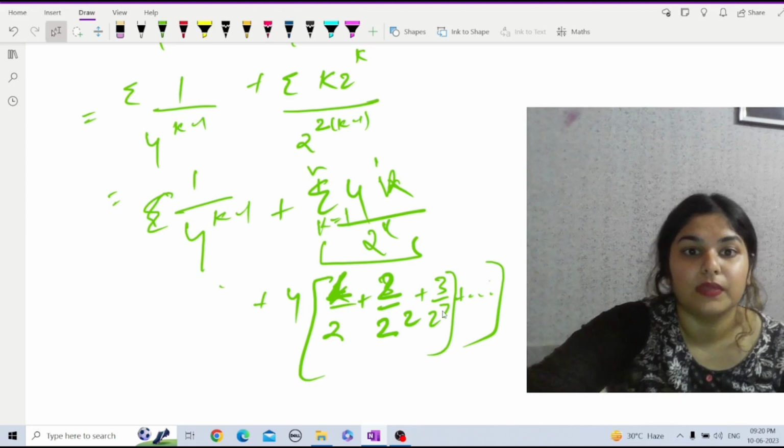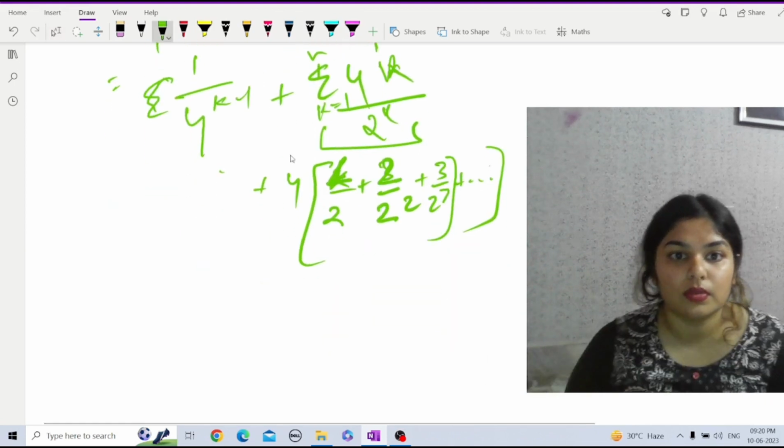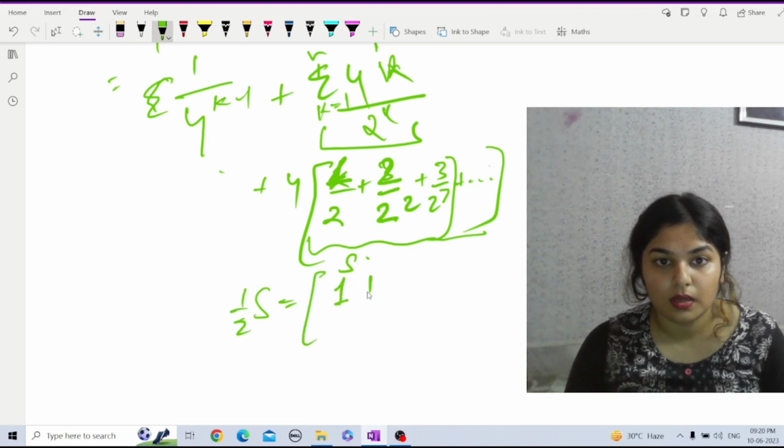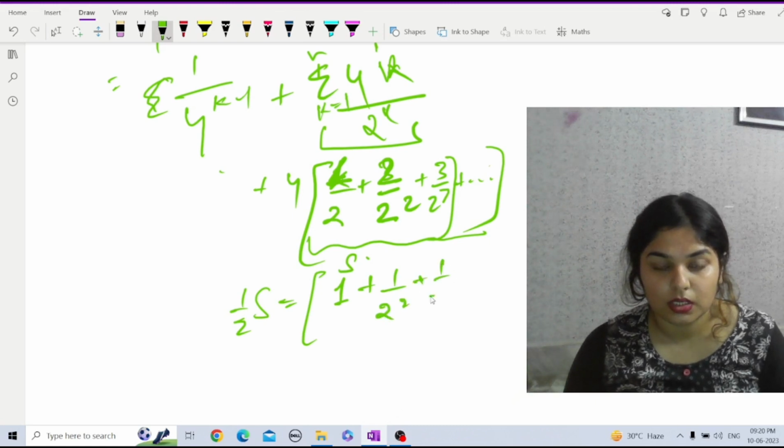Suppose I call this s. Then half of s will be 1 by 2 square plus 2 by 2 cube and so on.